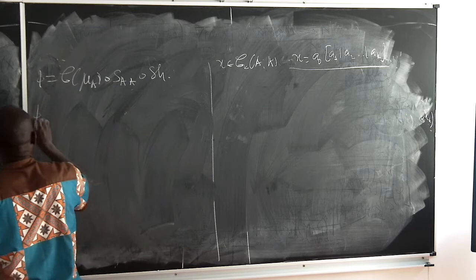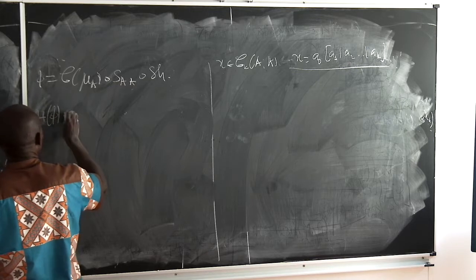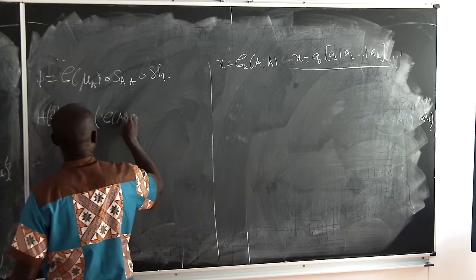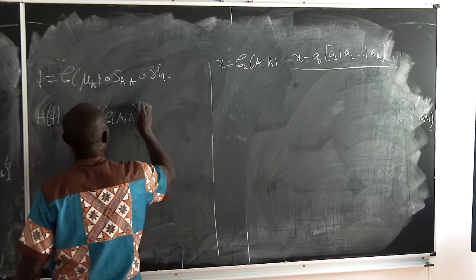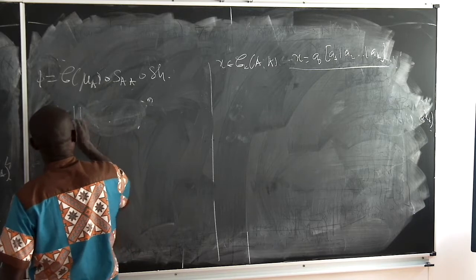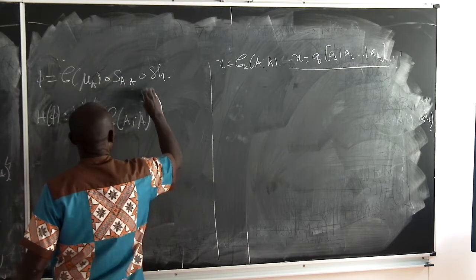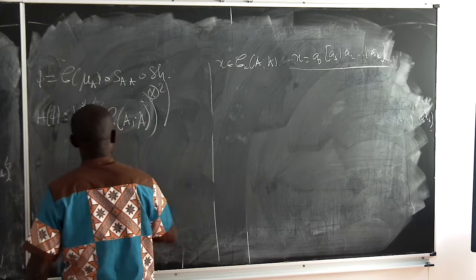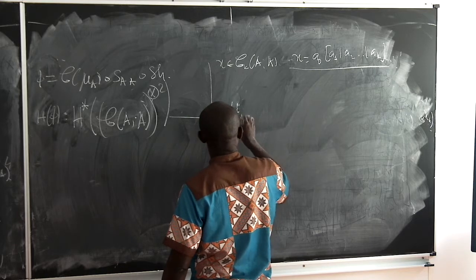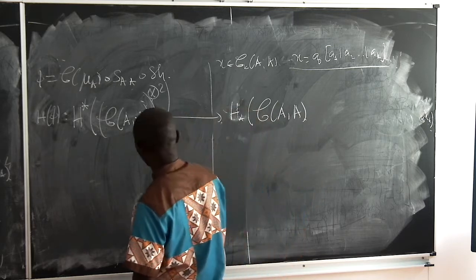Okay. Now I'm going to the homology. We have, which is defined from the homology of this tensor product to the homology of, phi is defined here.